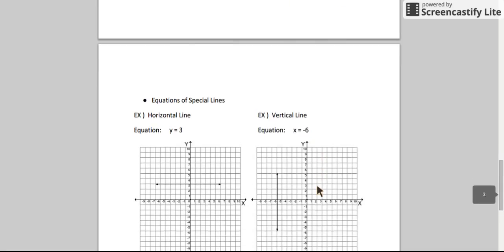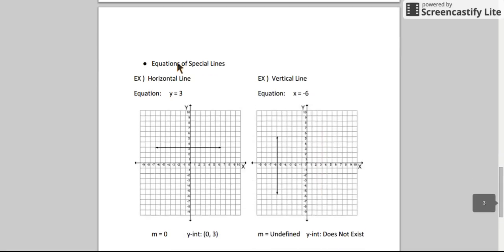We got a couple of special lines, our horizontal and vertical lines, that have special equations. A horizontal line is always going to cross the y-axis. So we write its equation as y equals the y-intercept. We learned in a previous lesson that the slope of a horizontal line is always 0. It doesn't go up or down, it stays flat.